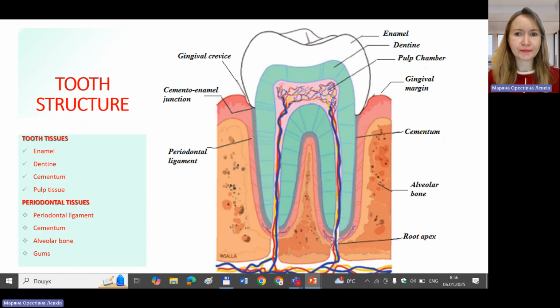Tooth structure. Tooth tissues comprise enamel, dentine, cementum of the root that covers dentine of the root, and pulp tissue. Separately, we should outline periodontal tissues that consist of periodontal ligament, cementum of the root, alveolar bone, and gums.